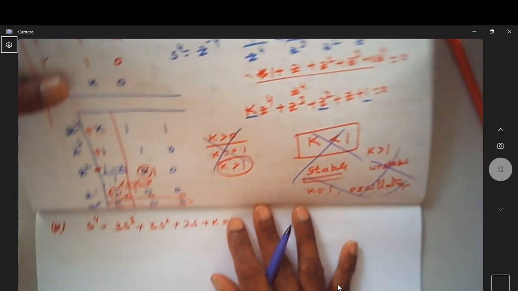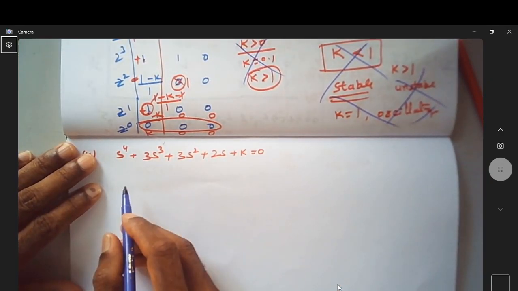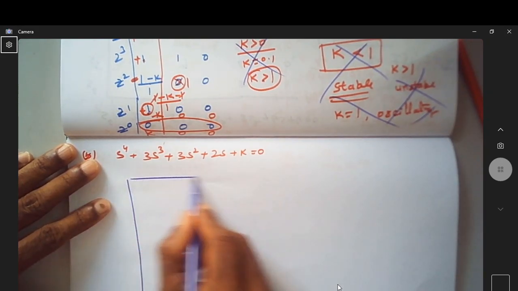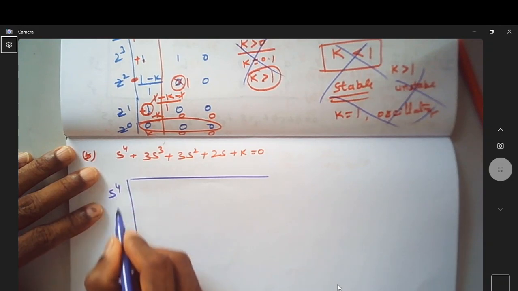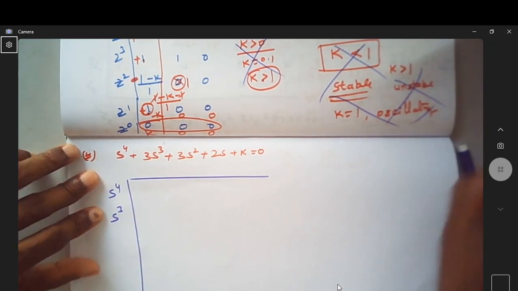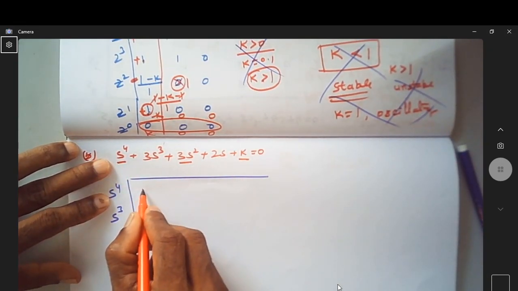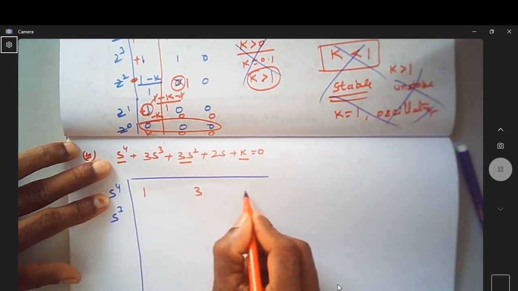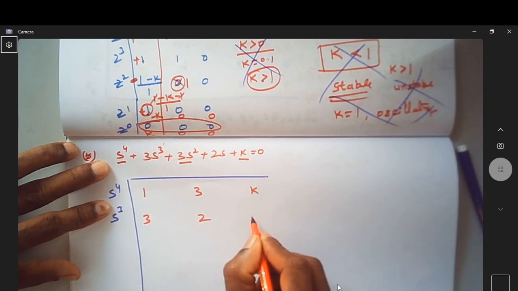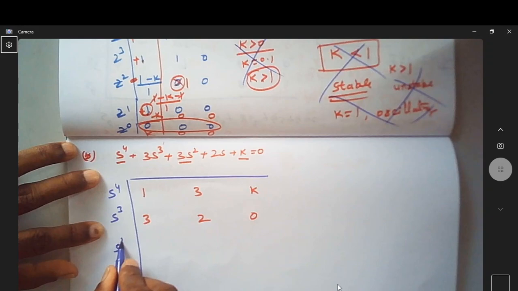Okay, so then we move on. Let us be a bit careful while writing the Routh array. This will happen for me as well as for you all. So now it is s power 4, it is s cube. Let me just start writing. It is now 1, 3, k, next it is 3, 2, 0, next it is s square.